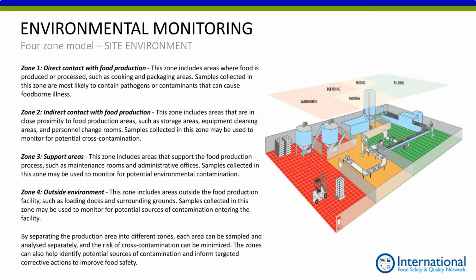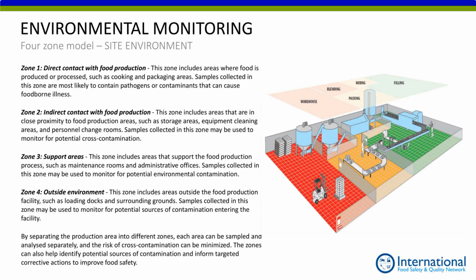So when we talk about the 4-zone model about the site environment, probably you used already some zoning model for the cleaning, like color separation cleaning, etc., where you have different areas and different cleaning tools for different areas. But in this 4-zone model, it's a little bit different.